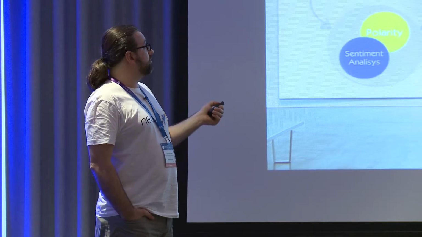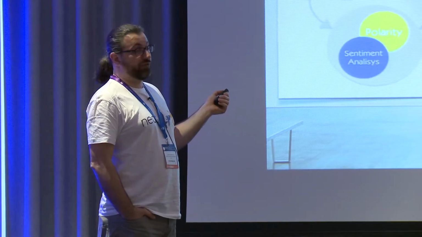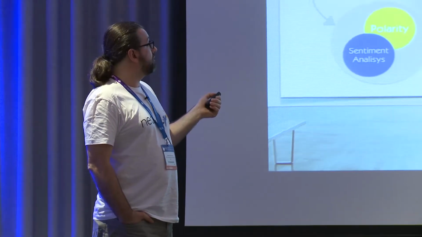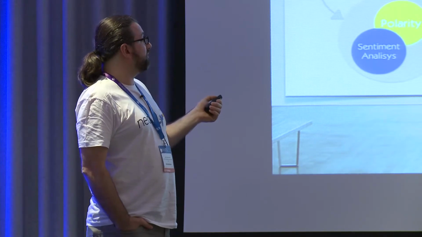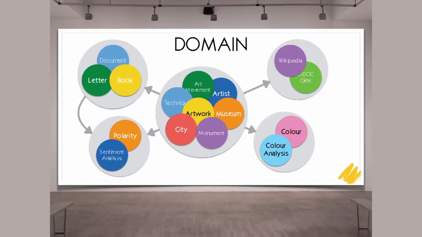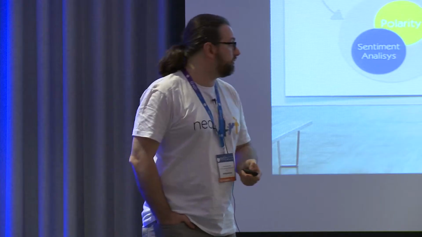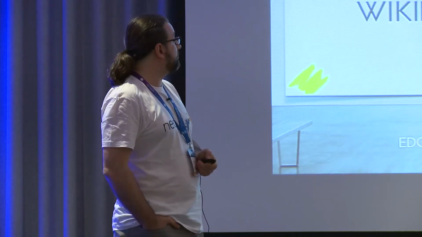We would like to analyze documentation to understand if there is interesting information about the artists' operas by running a sentiment analysis on that. And then we would like to go through color analysis of the artworks.